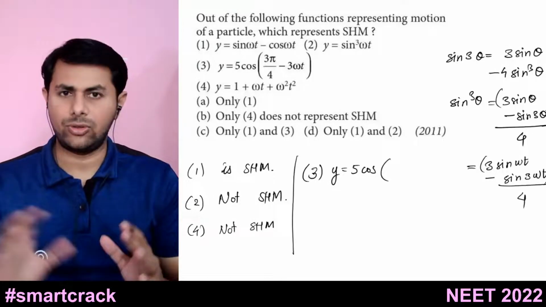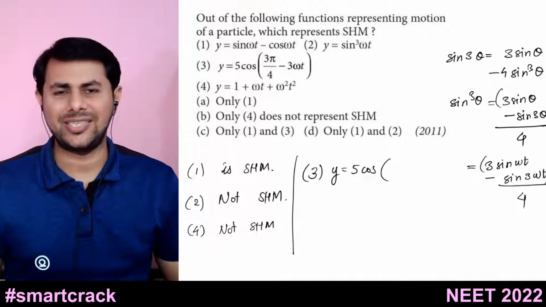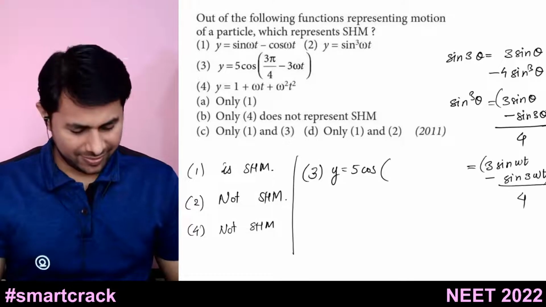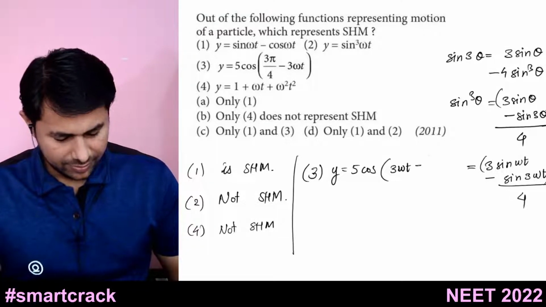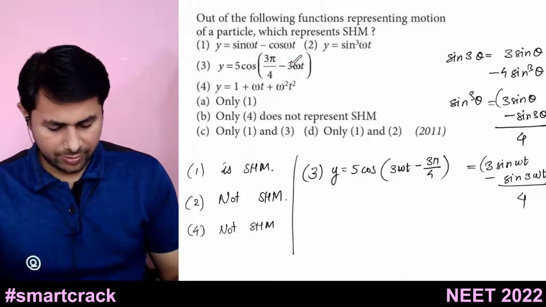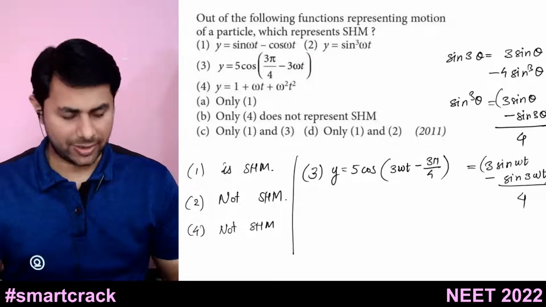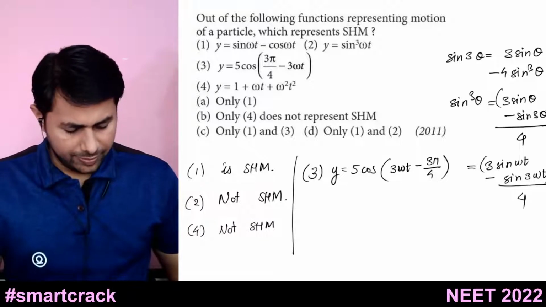There is no harm in doing this, but we need to know that cos of minus theta is equal to cos of theta, sine of minus theta is minus sine theta. So it is 3 omega t minus 3 pi by 4. You can multiply this argument of cos with a negative sign and it makes no difference. So then it is simple.